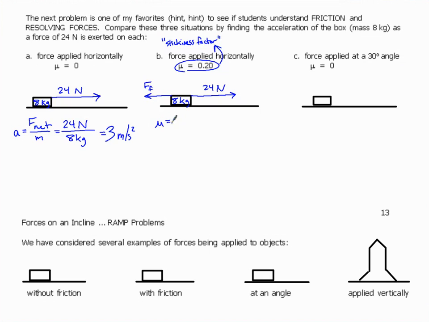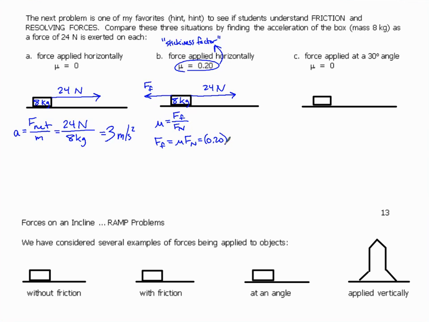But we know the formula: the coefficient of friction equals the force of friction divided by the normal force. We know the coefficient of friction, and we can find the normal force. So let's solve for the force of friction, and it is the coefficient of friction times the normal force. Coefficient of friction in this case, 0.20.